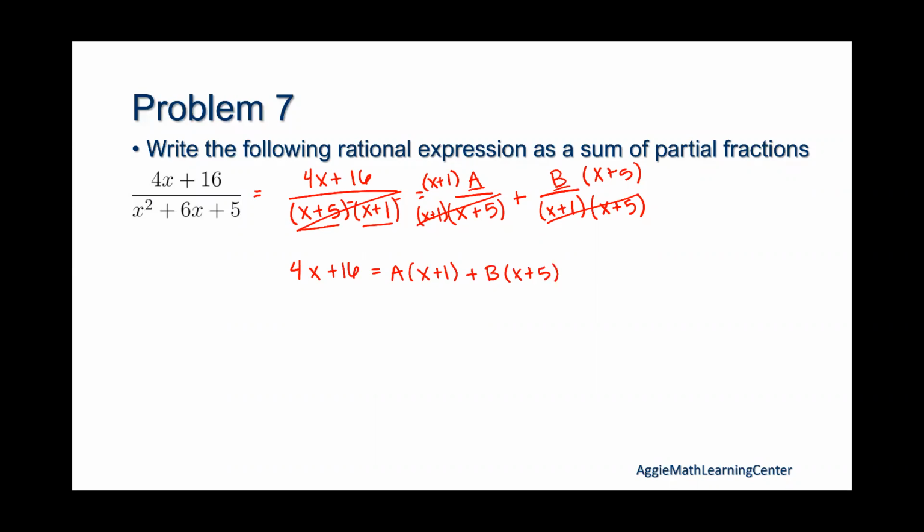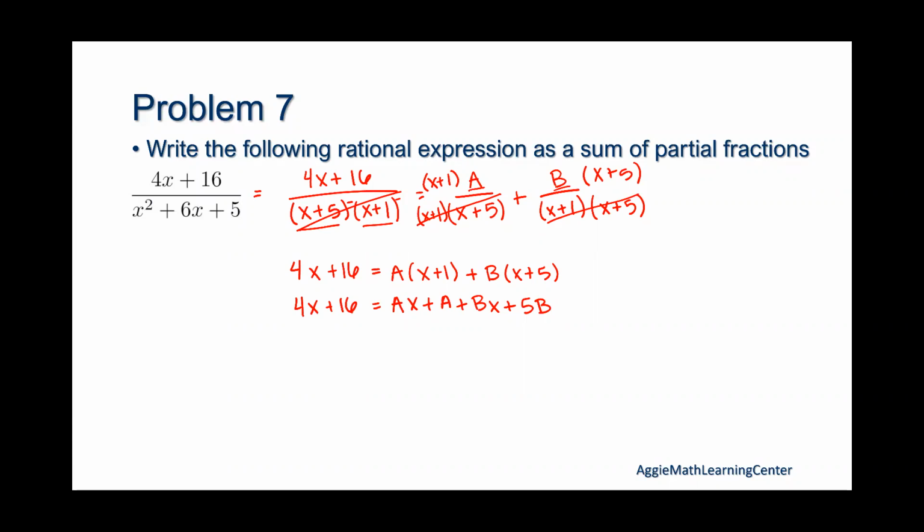So I'll go ahead and multiply that out. Now I have 4x plus 16 is equal to Ax plus A plus Bx plus 5B. So now we want to set up a system of equations. All of the x terms can only add to other x terms, and all of the constant terms can only add to other constant terms.